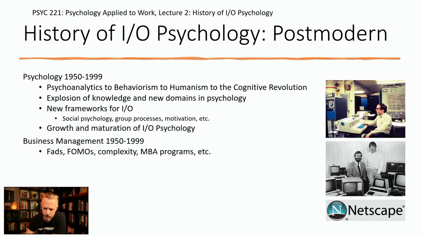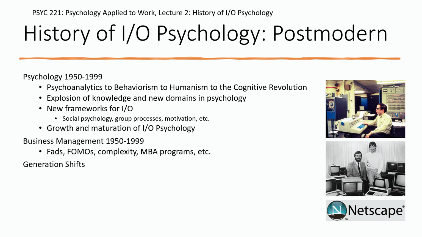These are competitive landscapes, cutthroat in some cases. Businesses can go bankrupt, and so they're always looking for the edge, and they're always looking to adapt it. If they see somebody else has it, they want it. So a lot of FOMO and a lot of growth in complexity, a lot of growth in MBA programs, and generational shifts. You had the boomers taking over during this time.